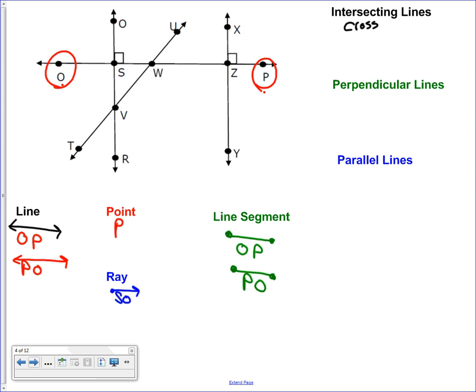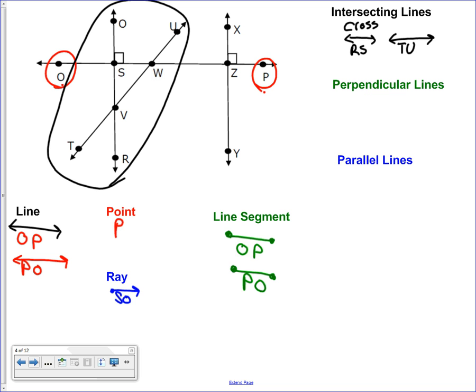So 2 intersecting lines here could be, let's see, line RS intersects line TW. So what I'm talking about is this right here. RS and TW right there.